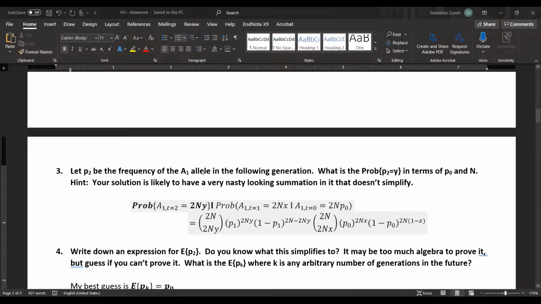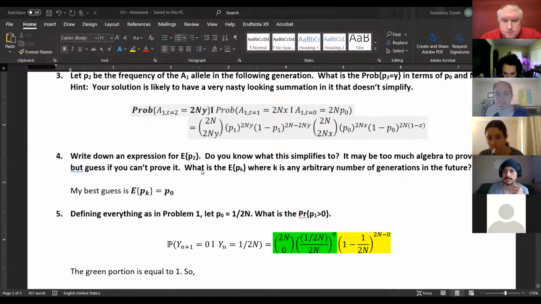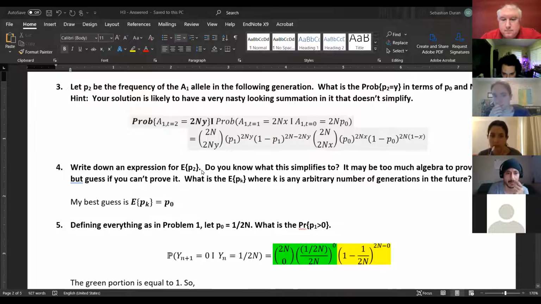Okay, Sebastian, problem 3. Okay, let me share my screen. So what I did is I just multiplied the probability we had for the first bit with the probability of this value, and that was my approach to this bit.